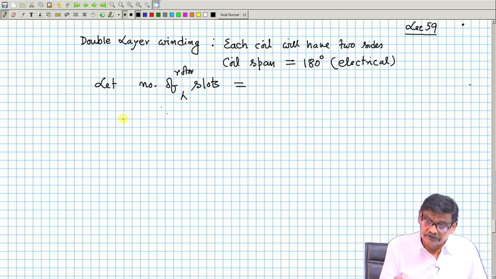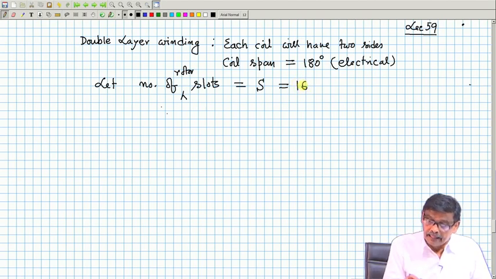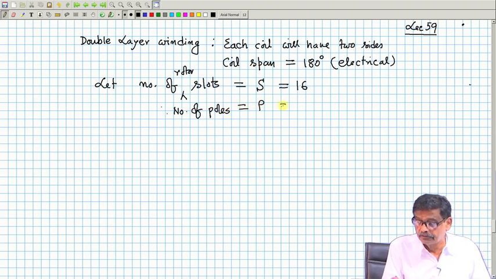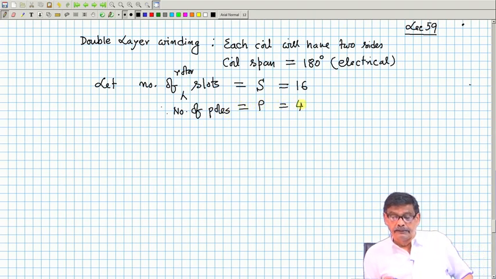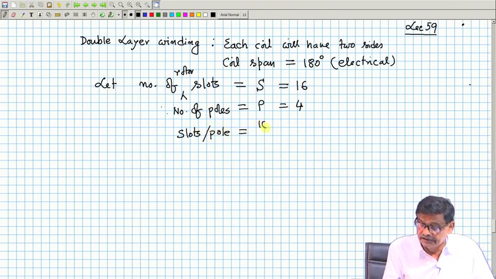Number of rotor slots is equal to, I will denote it by capital S. Side by side I will go with numbers, suppose it is 16, and let the number of poles P be, say, 4. Then slots per pole is equal to 16 by 4 is equal to 4.